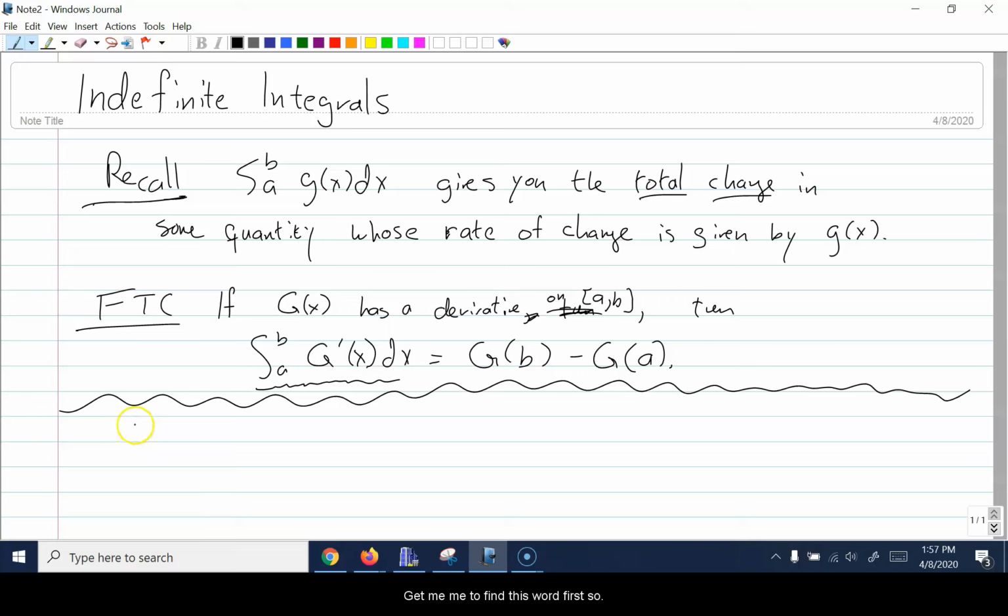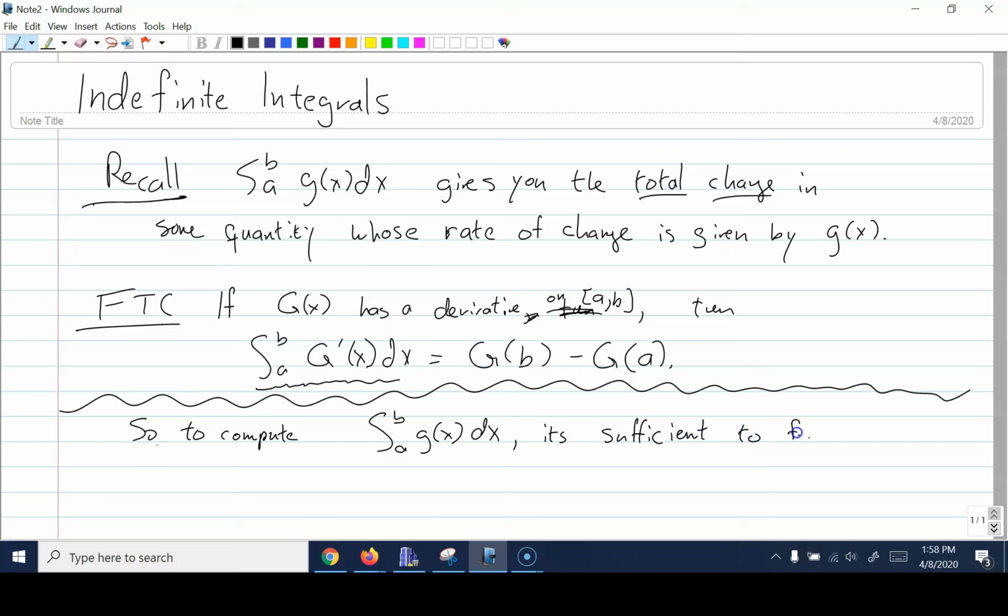Let me define this word first. To compute an integral of some function from somewhere to somewhere, it's enough to find what we're going to call an antiderivative.